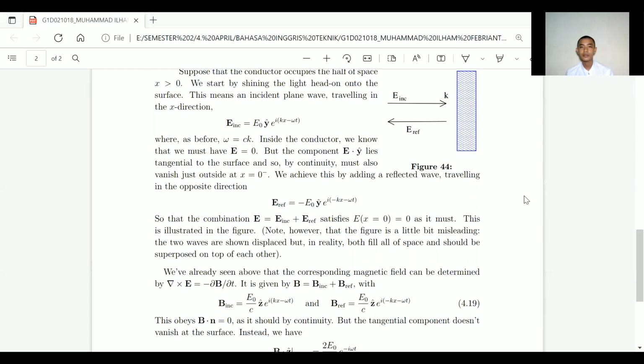We achieve this by adding a reflected wave traveling in the opposite direction, E_ref equals minus E0 y e to the power i minus kx minus omega t, so that the combination E equals E_inc plus E_ref satisfies E_y equals 0 at x equals 0 as it must.